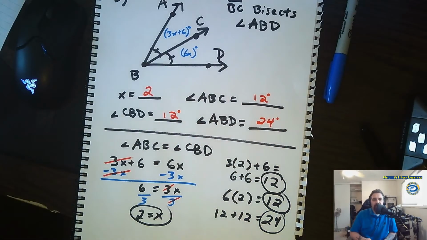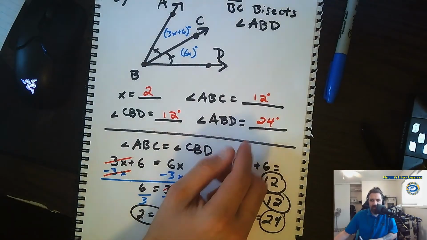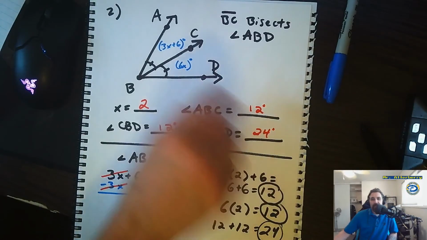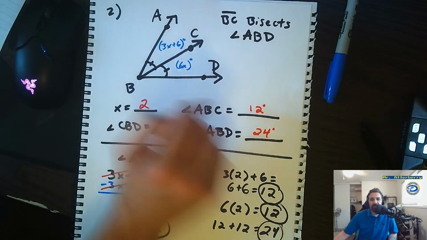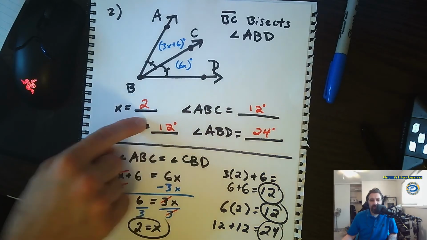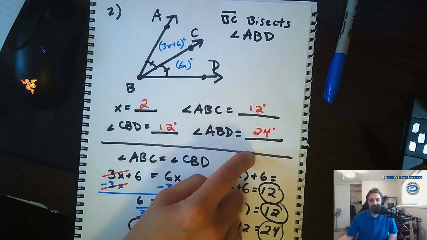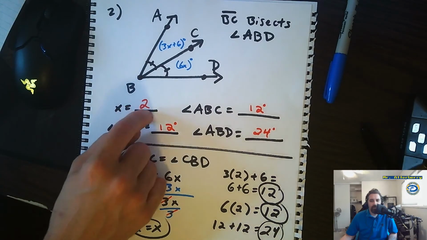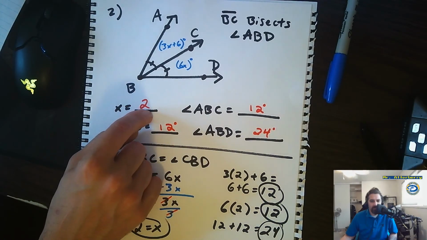It's using a big Sharpie, so it's kind of more of a dot, but those are little angle symbols. So the angle ABC is 12 degrees, angle CBD is 12 degrees, and angle ABD is 24 degrees. And then x is just simply the number 2. It's not 2 degrees, it's just 2.